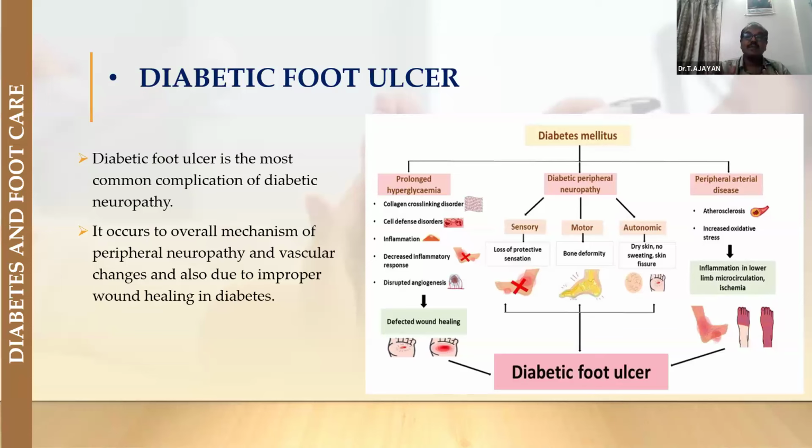Diabetic peripheral neuropathy causes sensory dysfunction, motor dysfunction, and autonomic dysfunction. Prolonged hyperglycemia can lead to immune defense disorders and recurrent inflammatory responses, and leads to a defect in the wound healing mechanism.